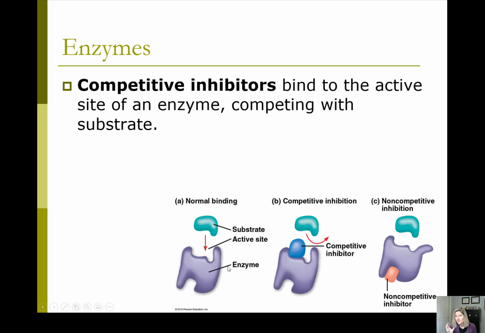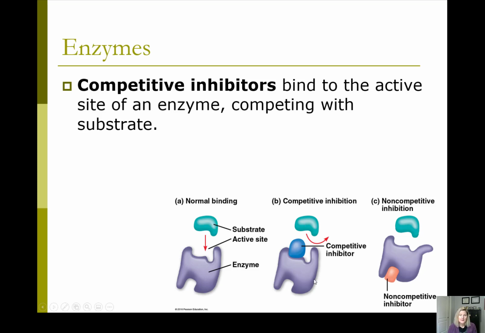Remember, enzymes have specific shapes where their active site has a very specific substrate that it can bind to. But let's say we have added in a competitive inhibitor. That competitive inhibitor bound to that active site, so that means that the substrate can no longer bind to it. That is an example of competitive inhibition.